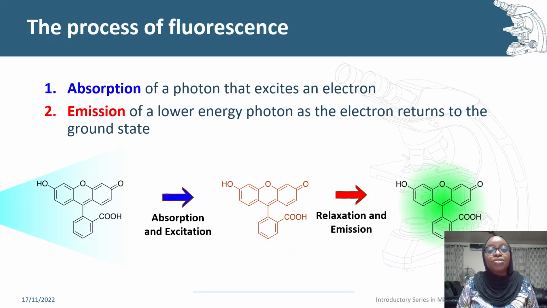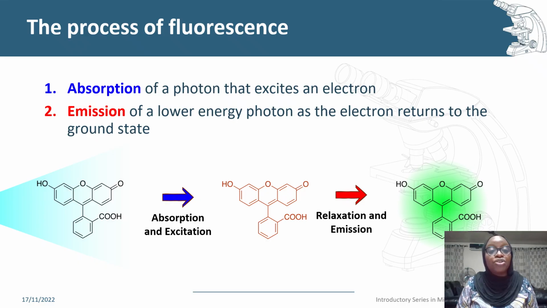The process of fluorescence consists of, first, absorption of light, the absorption of a photon that excites an electron. Secondly, once the molecule has absorbed a specific wavelength, it almost immediately releases a photon with lower energy.